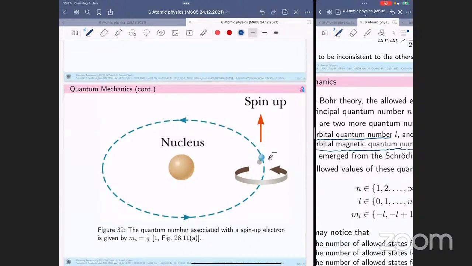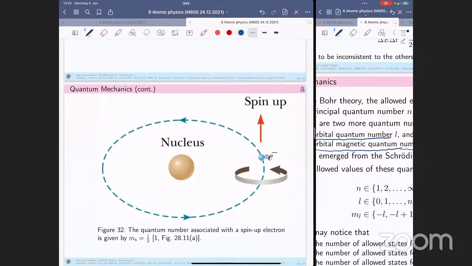The electron is moving in this way around the nucleus of the atom, and this is the electron, denoted e with superscript minus. Let's say it turns around like this, and by using the right-hand rule, your thumb direction is going to point up.